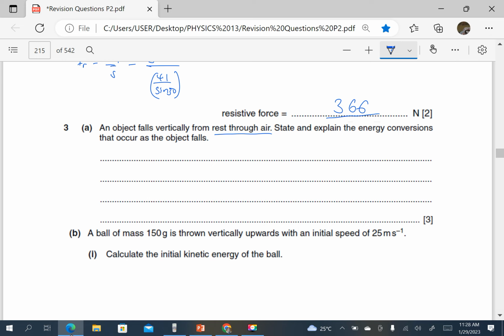That means it gains kinetic energy because the speed increases. And of course, if there is air resistance, some of the loss in potential energy also becomes an increase in thermal energy, which is due to the work done against the air resistance.